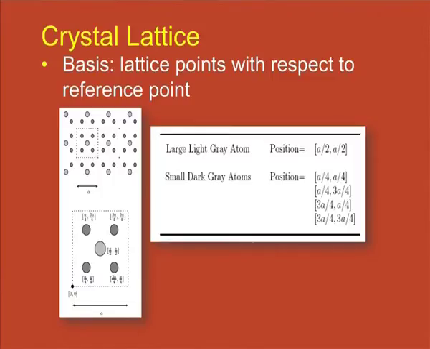Now if you can see, there is a black dot at the leftmost corner of this dotted square, which is our reference point, and inside this dotted square there are 5 lattice points, 4 of which are grey color, which is smaller in size, and the central one is light gray color, which is bigger in size.